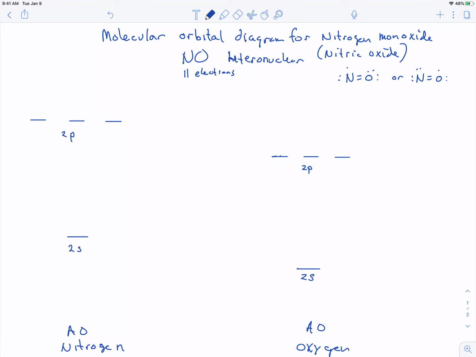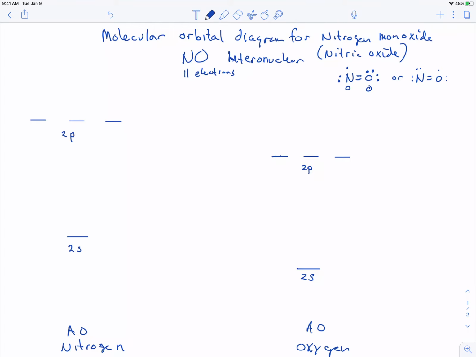If we use formal charges, on the left structure the formal charge on nitrogen is 0. That's 5 valence electrons minus 1, 2, 3, 4, 5. And on oxygen, it's 0: 6 valence electrons minus 1, 2, 3, 4, 5, 6.